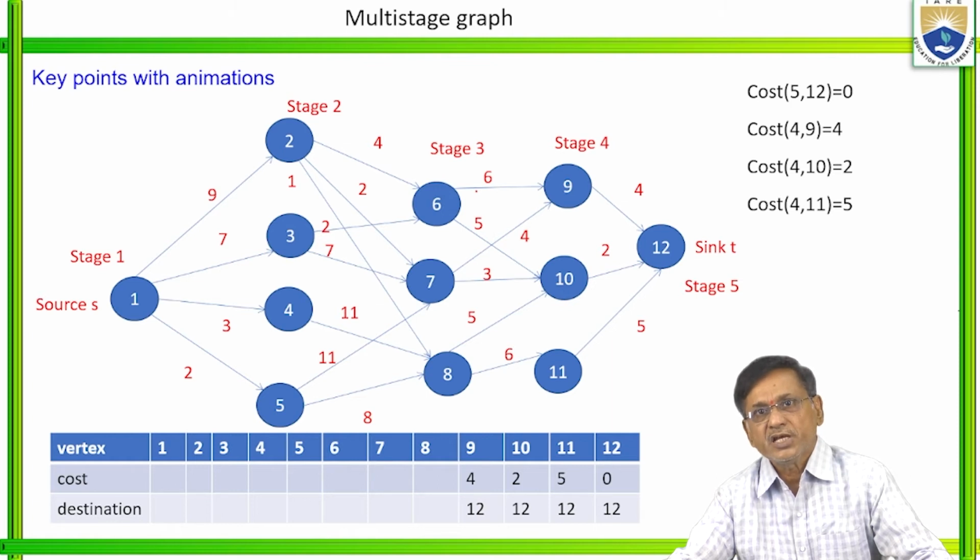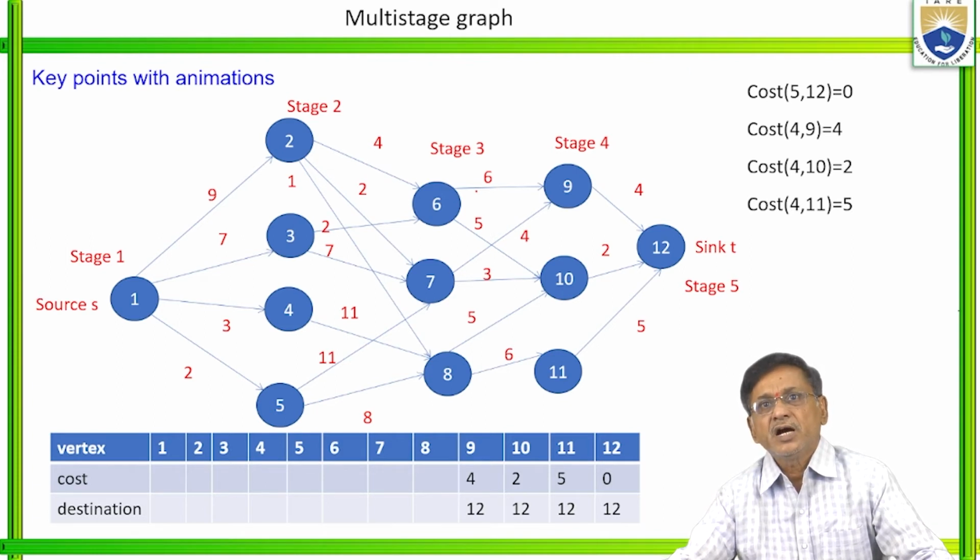We have to find out the cost corresponding to all the 4, and then select the shortest one. First, we will find out the cost corresponding to vertex 1 to 2, and then 1 to 3, then 1 to 4, and then 1 to 5, and then we can select the minimum one.